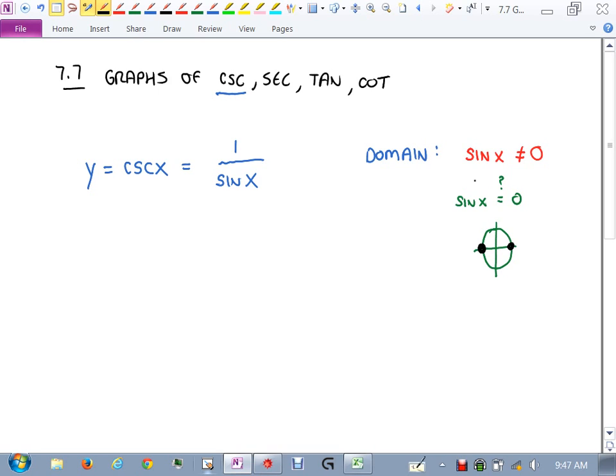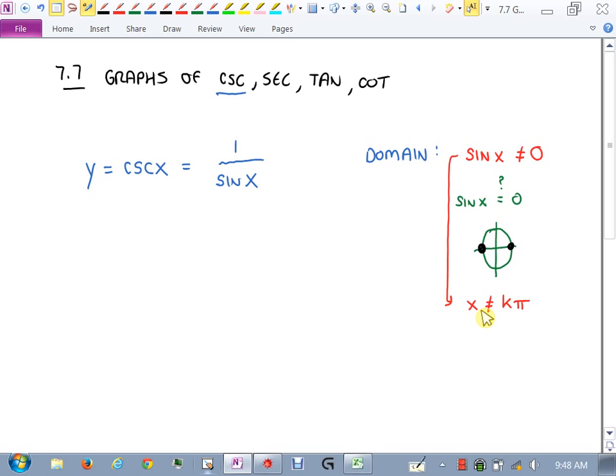Okay. So what we know then is for domain, the proper way to write this would be x cannot be any multiple of pi. See, we're saying when does this denominator become 0? Well, whenever x is a multiple of pi, sine of that will be 0, and that's not a good thing. So this function will not be defined at any multiple of pi.